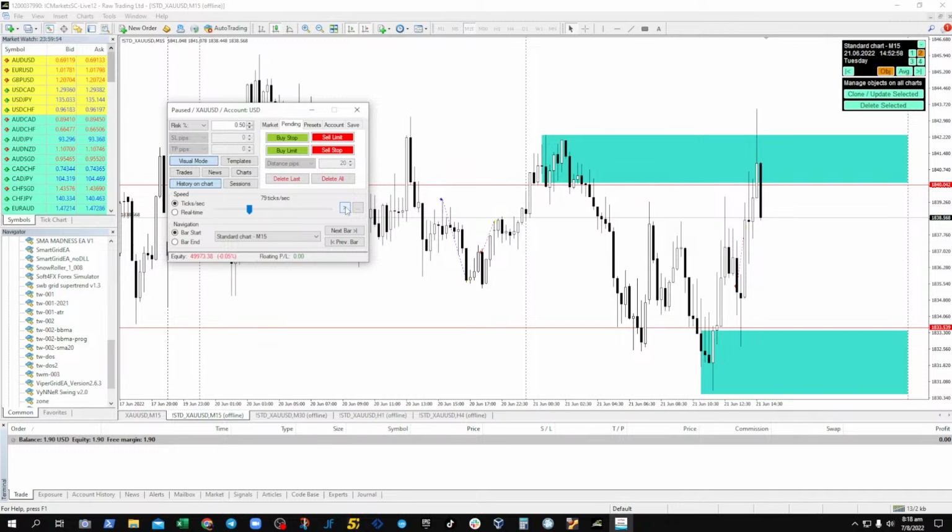Okay, so I just waited. I would like to take a sell if this candle closes bearish. I'll probably take a sell on the pullback. Let this close first.